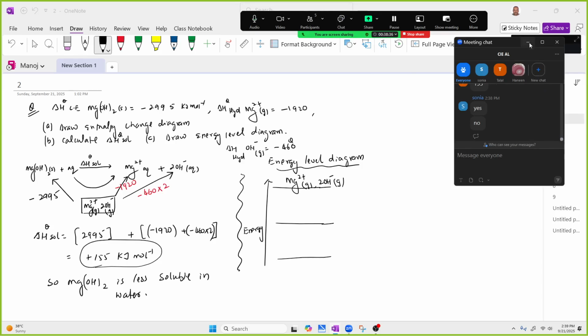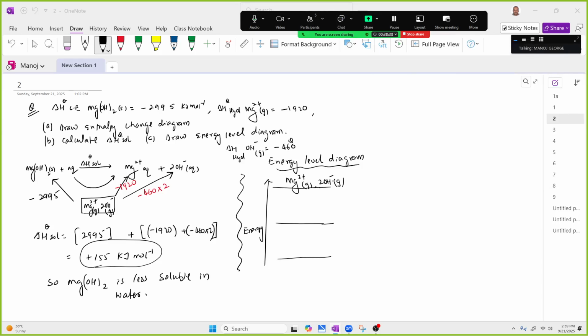Okay, good. Now the gaseous ion has the highest energy. So now the question is, this is plus 155. Who should be in the middle line? Now you decide and you tell me.